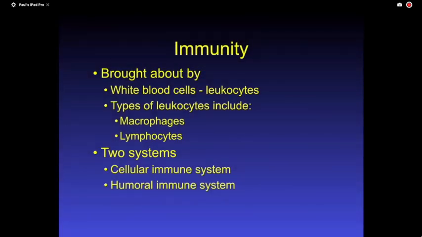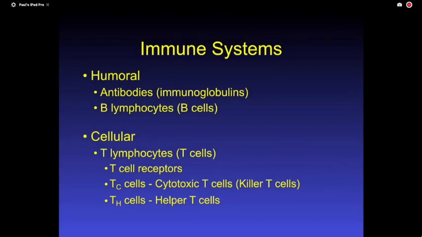Immunity is brought about by white cells, and these are the very basic definitions. The leukocytes: 2 types that we're going to look at, macrophages and lymphocytes. Then we're going to look at the cellular immunity and the humoral. The humoral has in it the antibodies or immunoglobulins and then B cells.